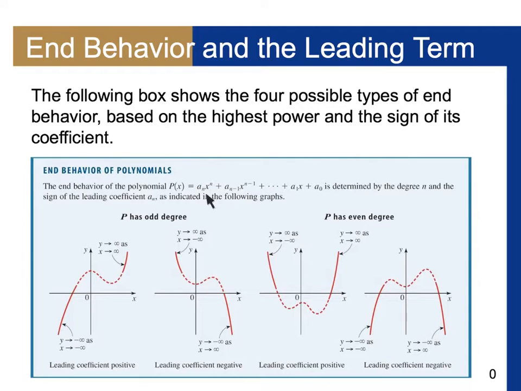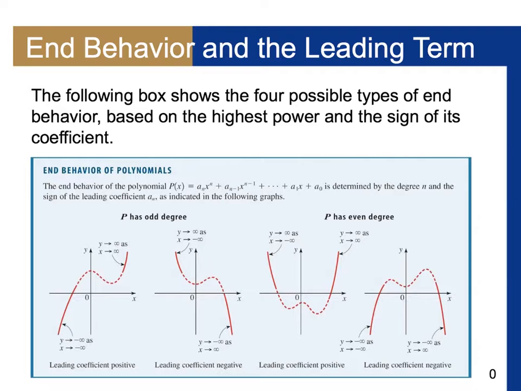Looking at our general polynomial, if P has odd degree, meaning the first term of highest degree is like a 3 or a 5 or a 7, it's going to go up to the right and down to the left, or vice versa. It could go up on the left and down on the right. We're not worried about the dotted stuff. We're talking about the solid red here.